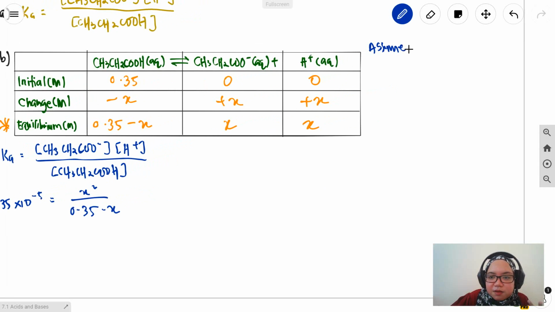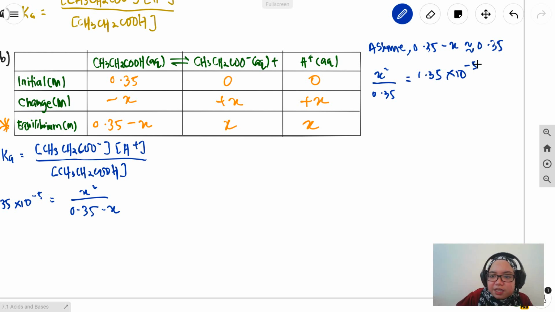Assume that 0.35 minus x is approximately 0.35. So, we can say that x squared divide by 0.35. So, apa ini? Bila awak tolak dengan x, seolah-olah sama dengan 0.35 kan? So, 0.35 juga. So, x squared over 0.35 equals to 1.35 times 10 to the power of negative 5.